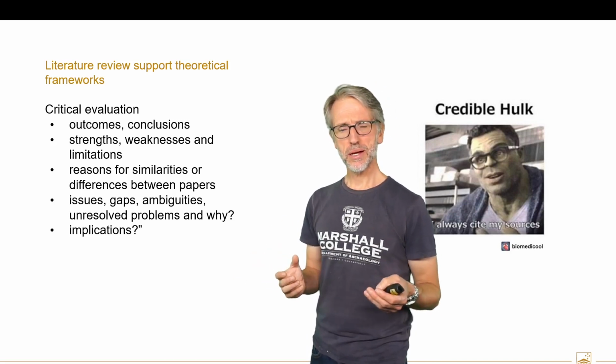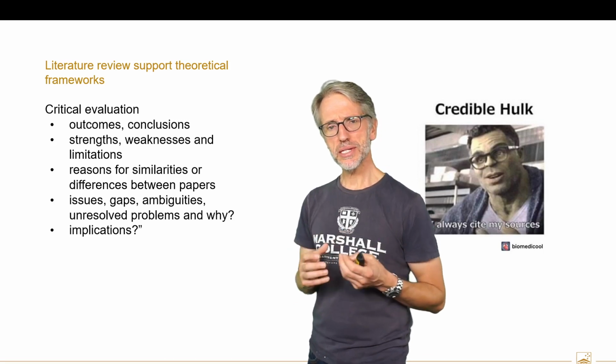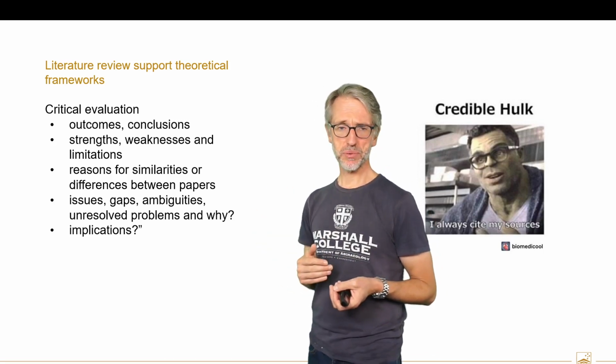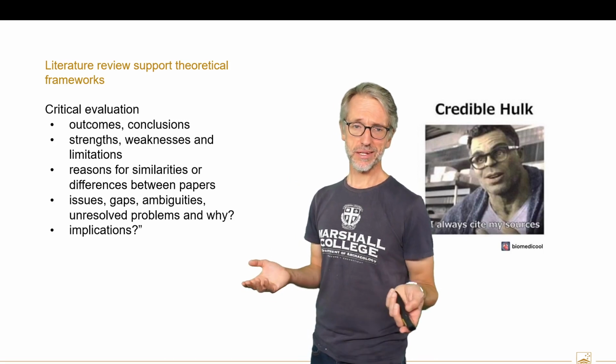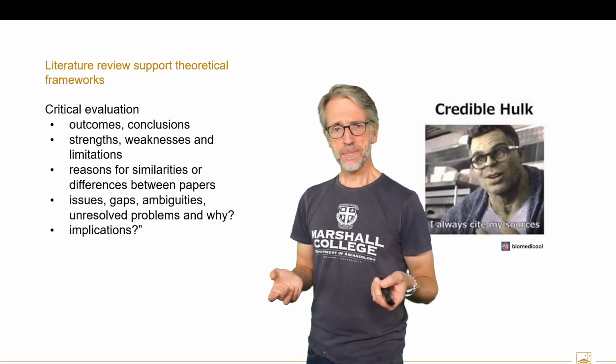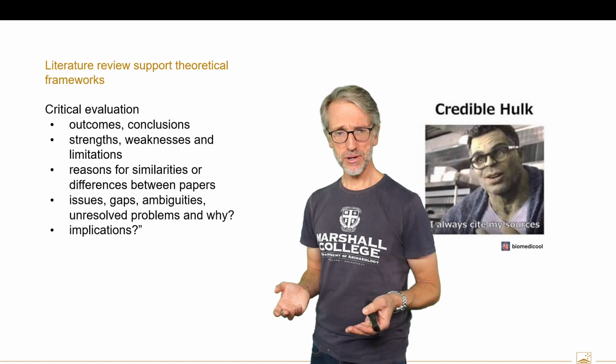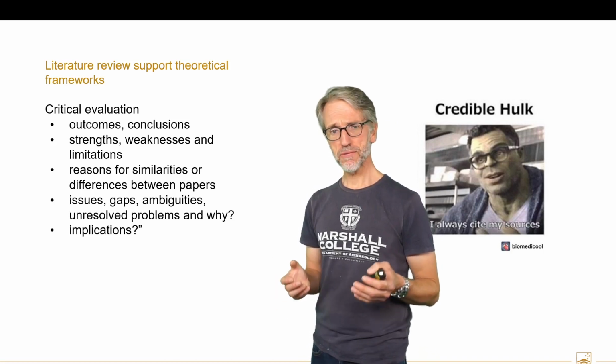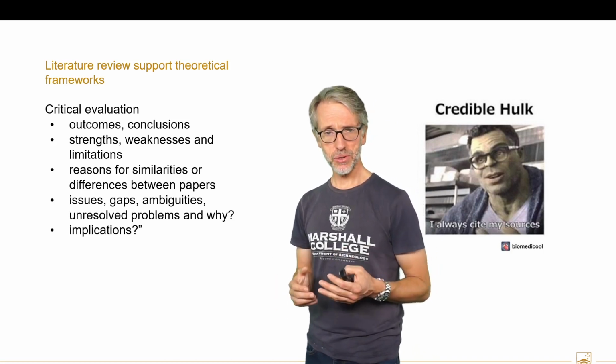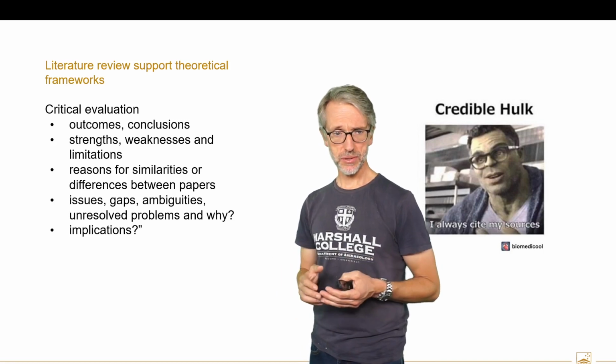Why do we do that? Well, a literature review needs to be more than just a list of papers we read and a summary of what they said. This is not just a simple summary. Literature reviews fail when they are nothing more than a statement of past results.